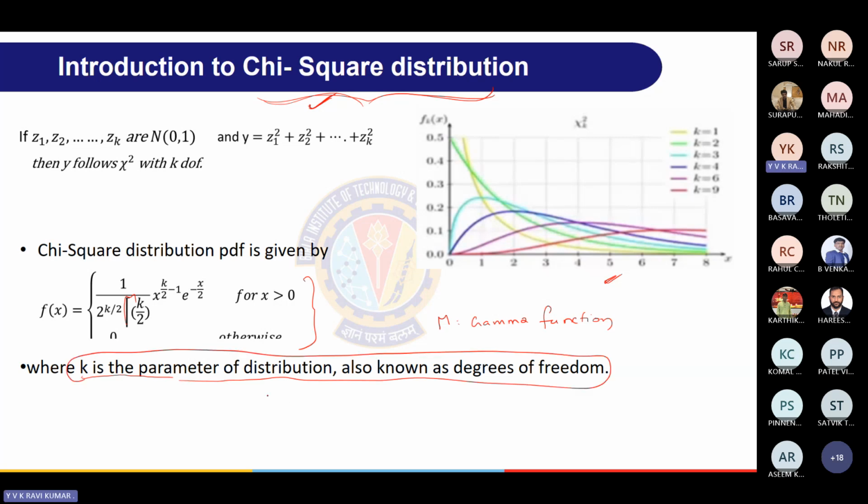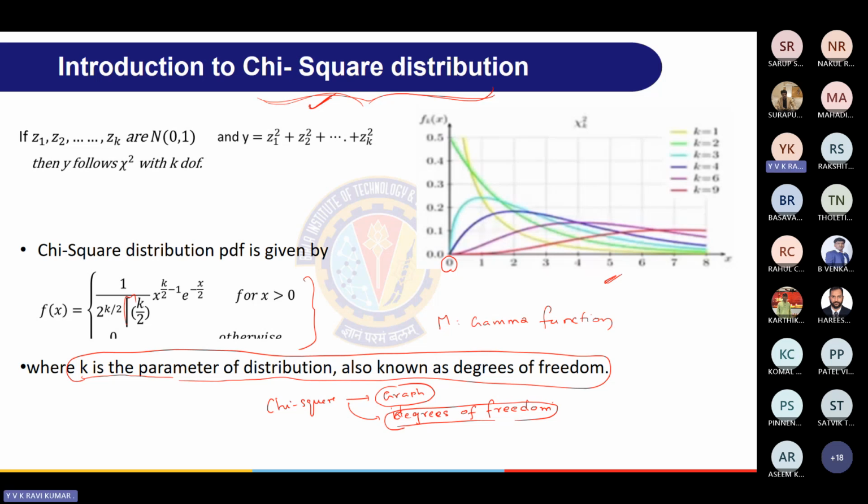When we talk about the chi-square distribution, one is how it looks. It is not like a bell curve; it always starts from 0 into the positive quadrant only. Second, it comes with degrees of freedom. I hope you recollect the discussion we had at the beginning about degrees of freedom. Here we are not going to do any integration.